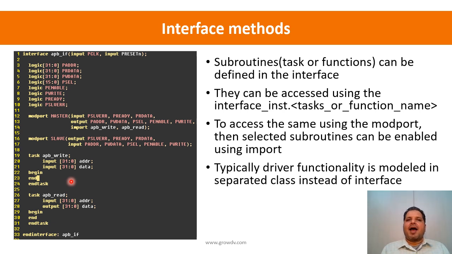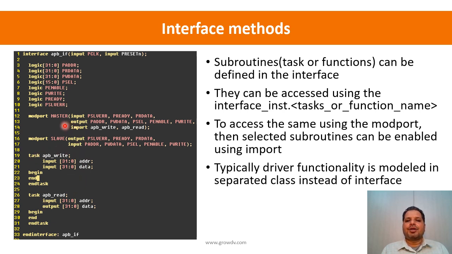Or if I am using the interface instance of a specific Modport, let's say the master Modport, that is APB interface dot master, if I want to invoke, then what I have to ensure is that in that particular Modport I have to allow access to these tasks.